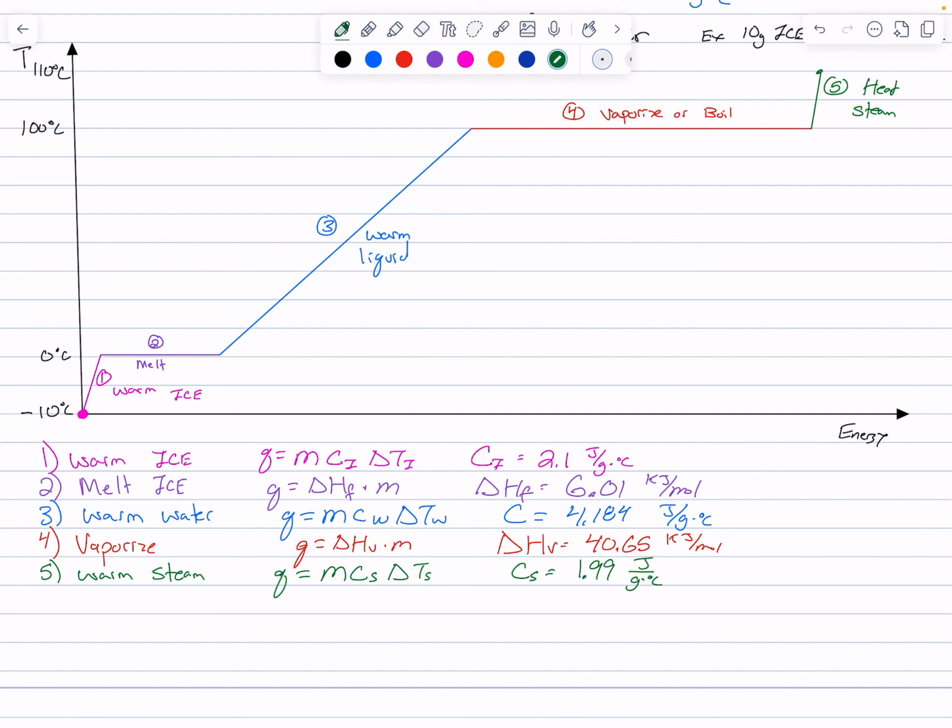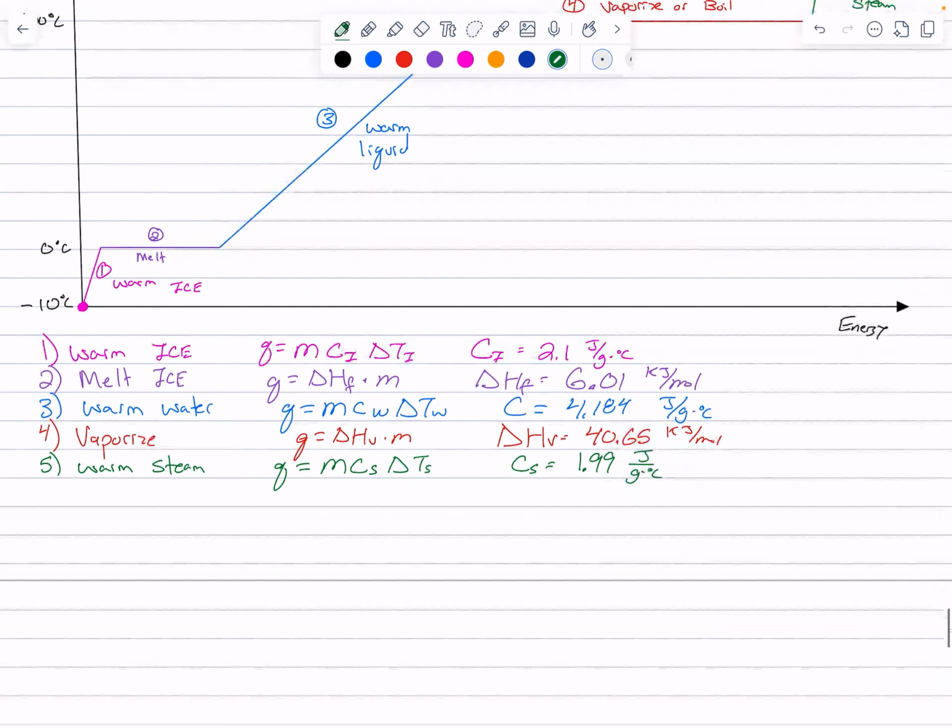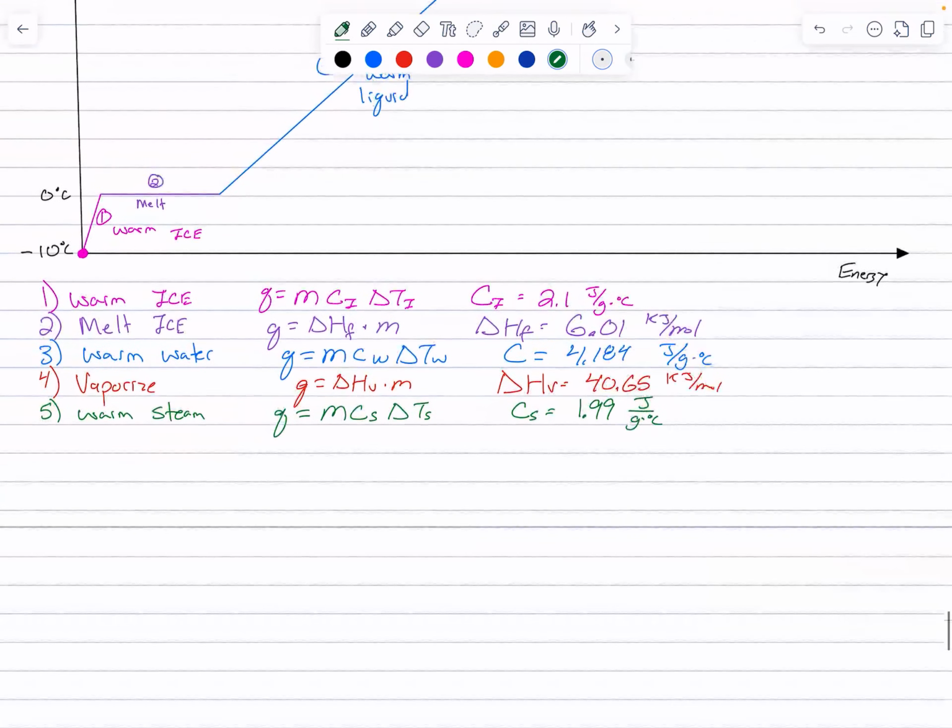So if we were going to calculate the total amount of energy, we would add up all of these together, if that makes sense. We would add them all up and go from there, right? And so we can do that real quick. Let's do that.